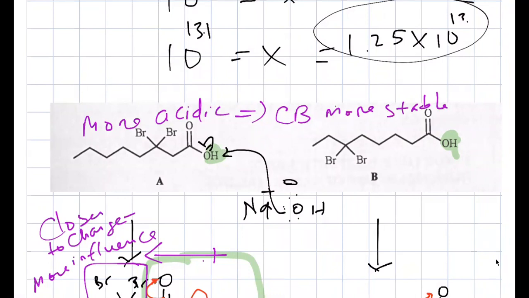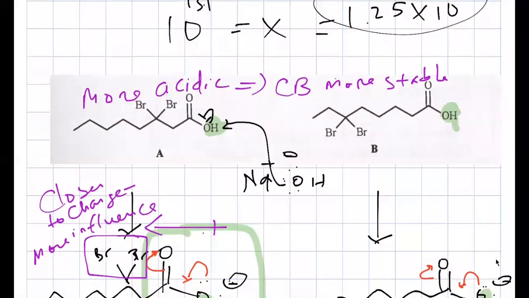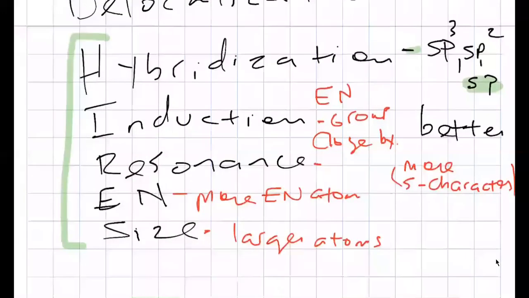So whenever we need to figure out which one's the stronger acid and we're not given pKa, what you need to do is draw the conjugate base and then look at these five factors here. We can't just start from anywhere. No, there's no order to them.